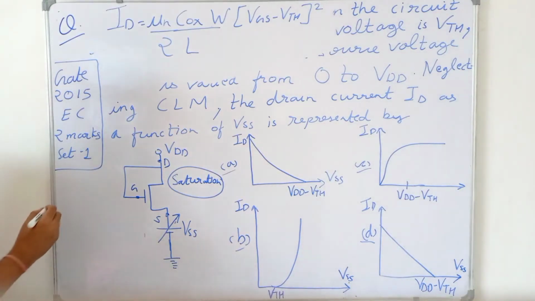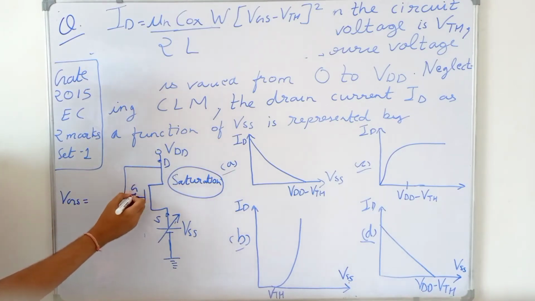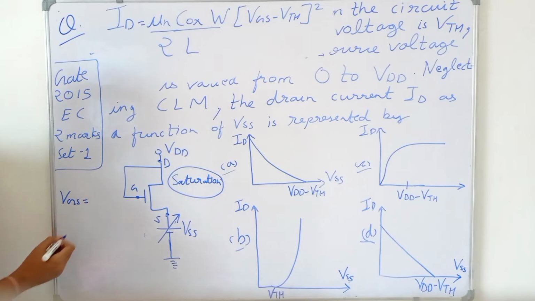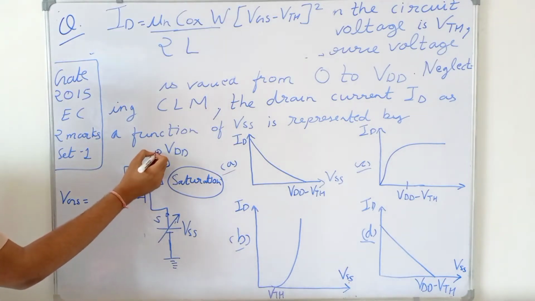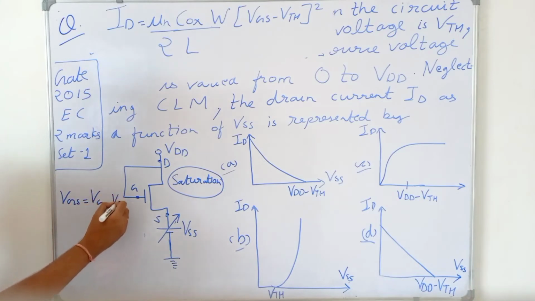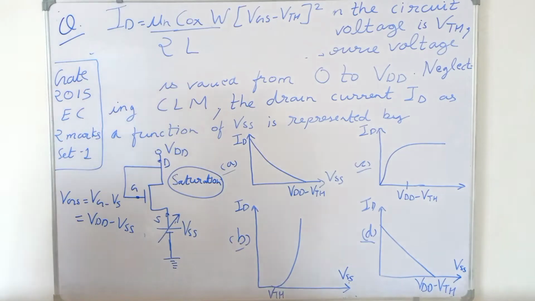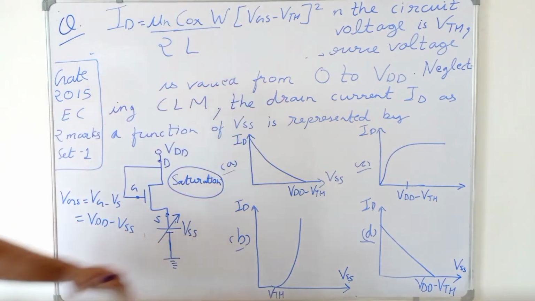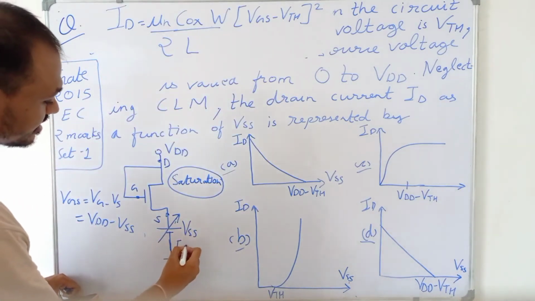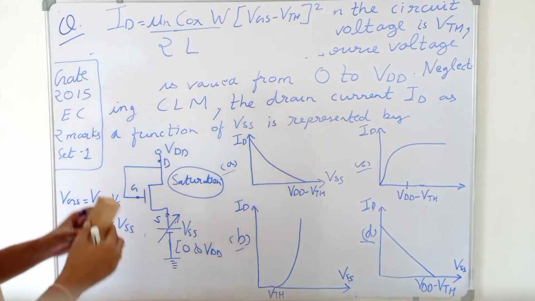Here this gate is connected to drain, so through this voltage VDD, VGS will be equal to VG minus VS, which is VDD minus VSS. This source voltage is varied from 0 to VDD, so its minimum value is 0 and maximum value is VDD.